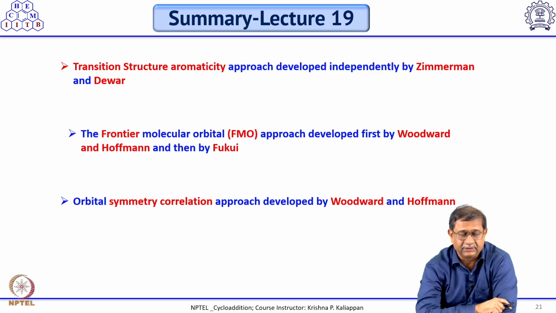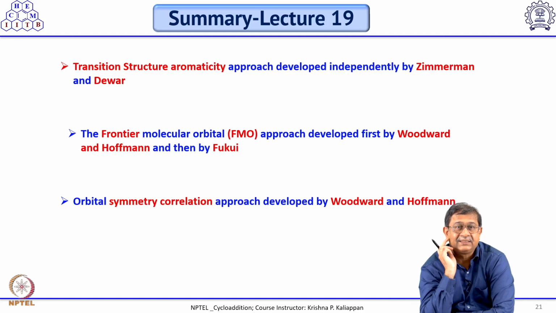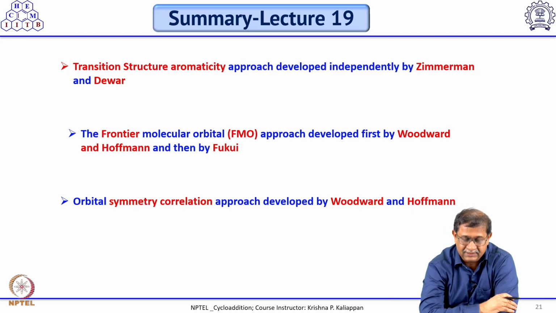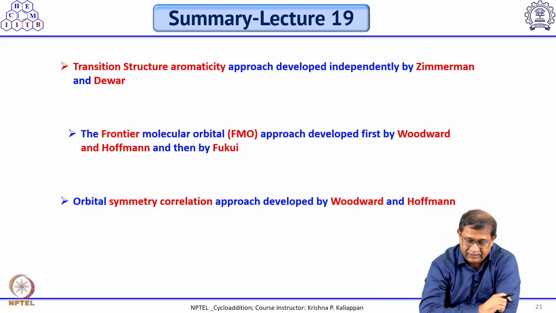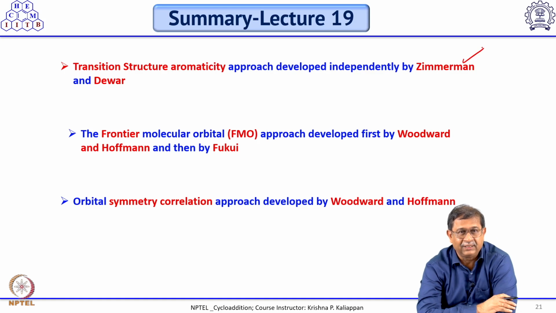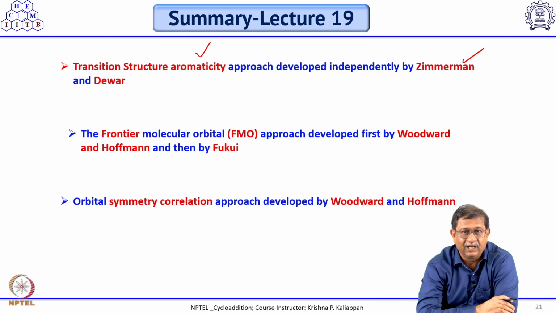In lecture 19, we talked about various rules followed for predicting the stereochemical and regiochemical outcome of dipolar cycloaddition, and also predicting whether these reactions are thermally allowed or photochemically allowed. Three such rules we discussed. The first one was reported by Zimmerman and Dewar, who used the aromaticity approach.